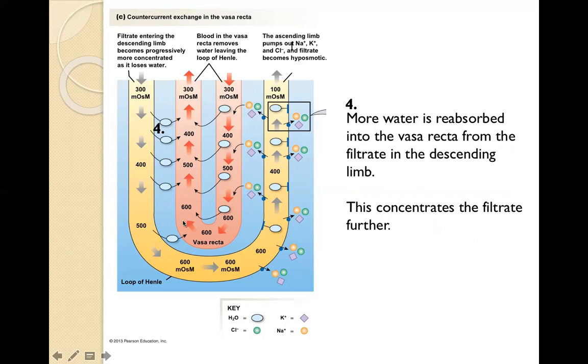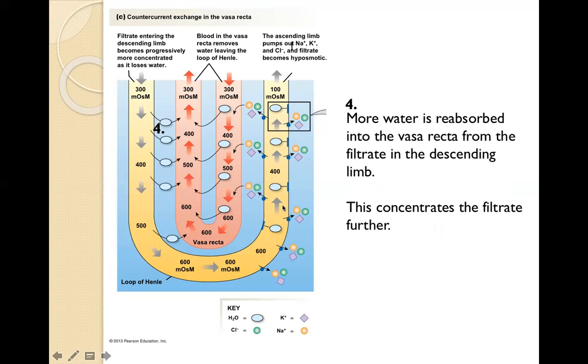This means that as it passes by the descending limb of the loop of Henle, even more water leaves the descending limb and enters the vasa recta. And this will occur until equilibrium, until the plasma osmolarity is 300 again. But so much water left that it increased the concentration of the filtrate fluid.